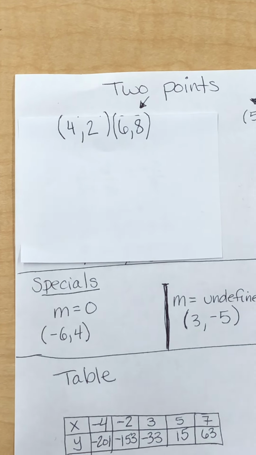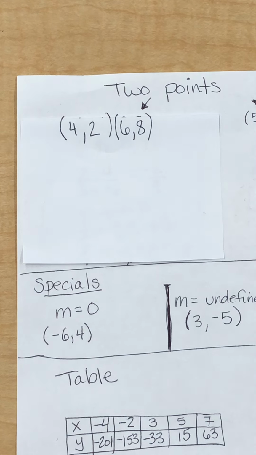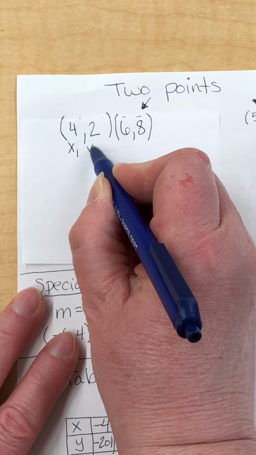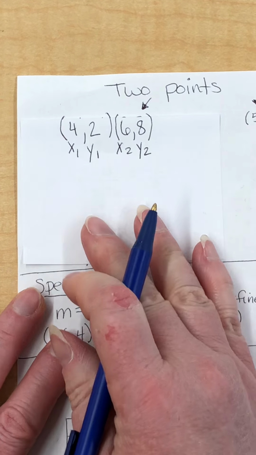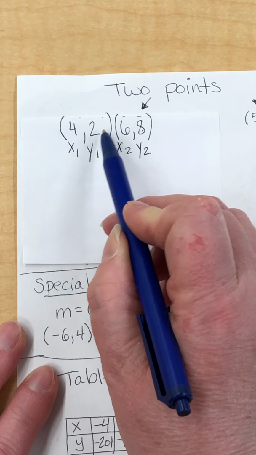Okay, so if I'm given 2 points, let's say I'm given (4, 2) and (6, 8). It doesn't matter which one you label as x1 and y1 and x2 and y2. It'll work itself out. So we're going to do the slope formula, the difference of the y's.